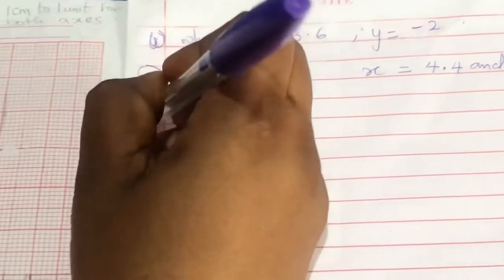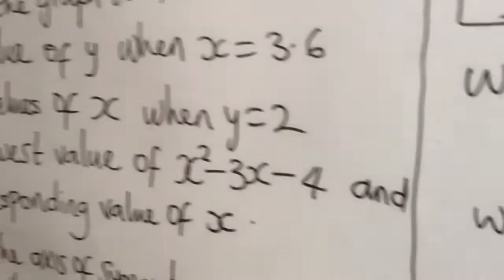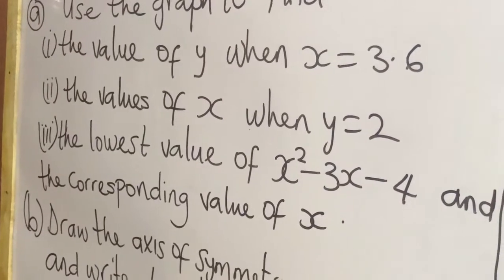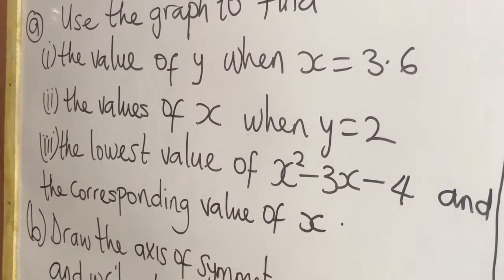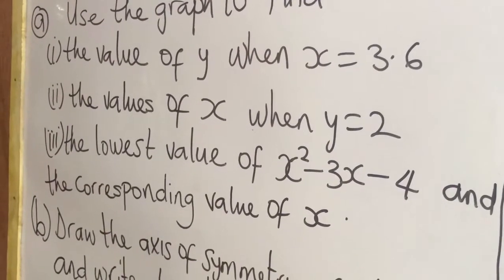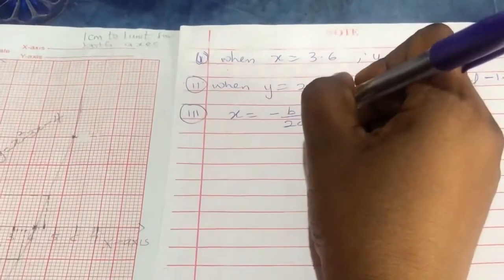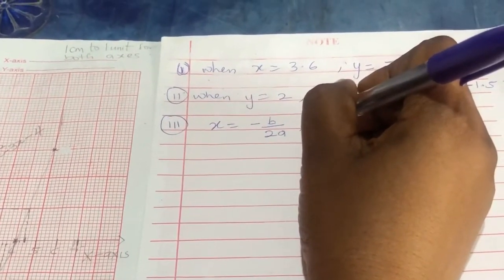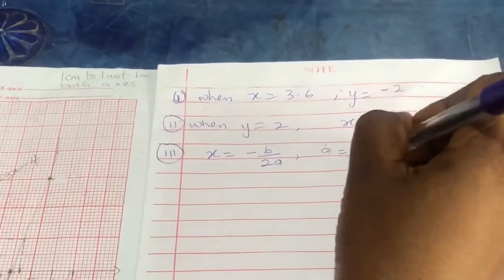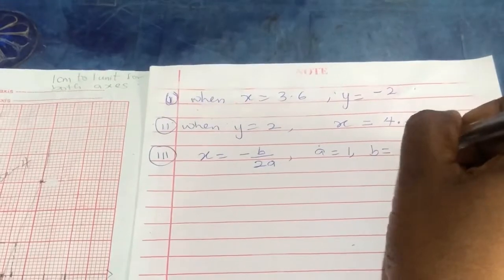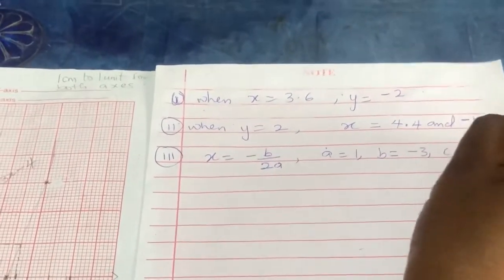So number 3, the lowest value of x squared minus 3x minus 4. I told you that the minimum value occurs when x is equal to minus b over 2a. Here a is equal to 1, b is equal to minus 3, and c is equal to minus 4.